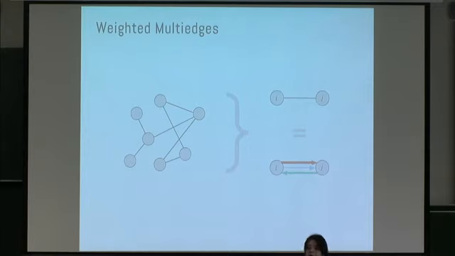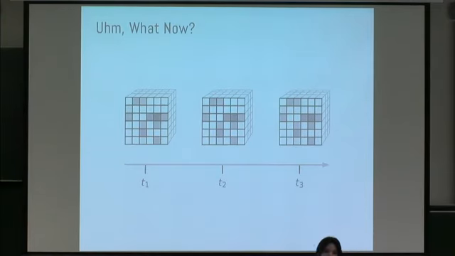Each pair of nodes is connected by a set of weighted directed edges, one for each action type and interaction direction. The weights on these edges are then the event counts. So for example, the weight on edge a from node i to node j in the network for time step t is the event count y_ijat.